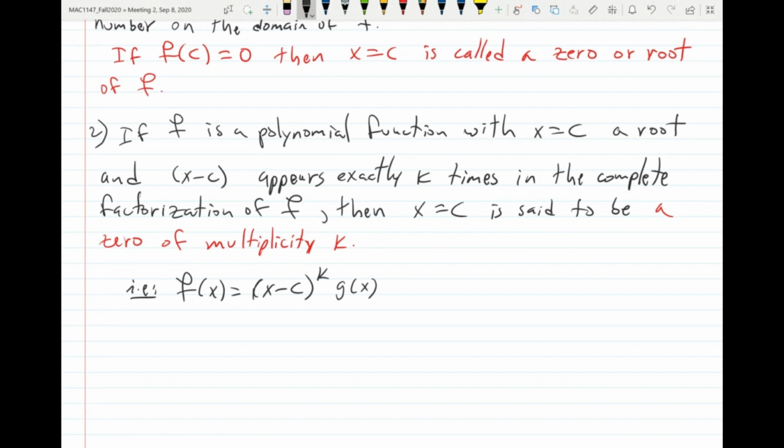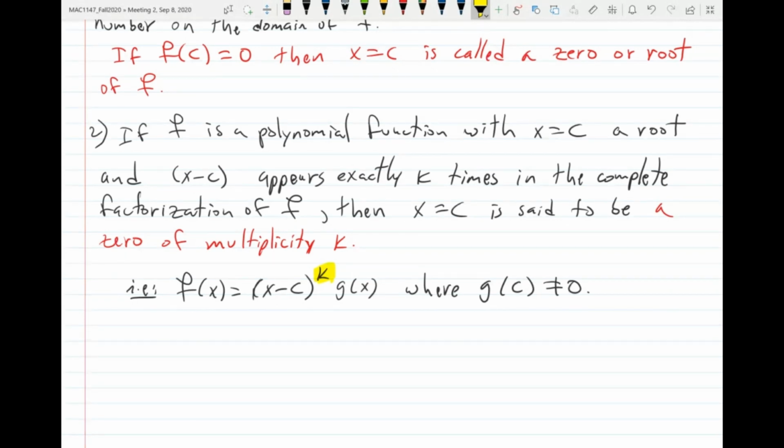In other words, g doesn't have x minus c as a factor anymore, so g of c is different from 0. That's what it means to say that x minus c appears exactly k times. You factor it out as many times as you can, and whatever is left over, c is no longer a zero. In that case, this number k is called the multiplicity of the zero c.